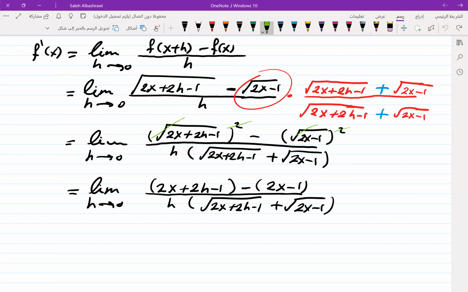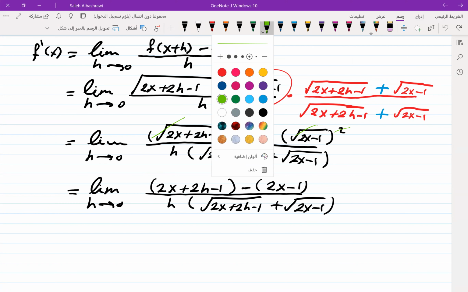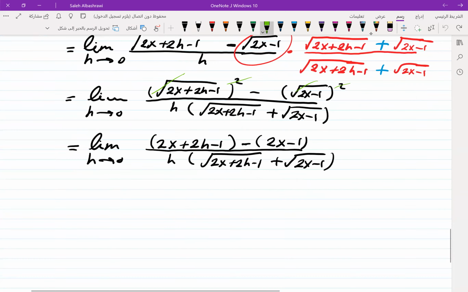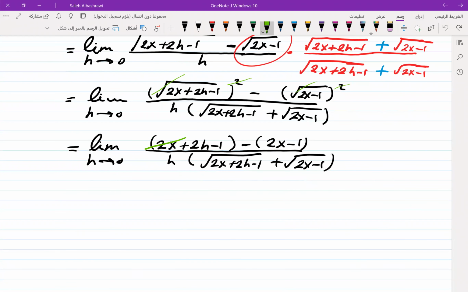To simplify, if you open the bracket, you will see that 2x will cancel 2x. Minus 1 will be cancelled with the minus 1 in the second part.